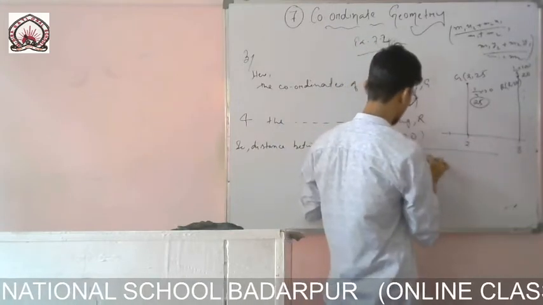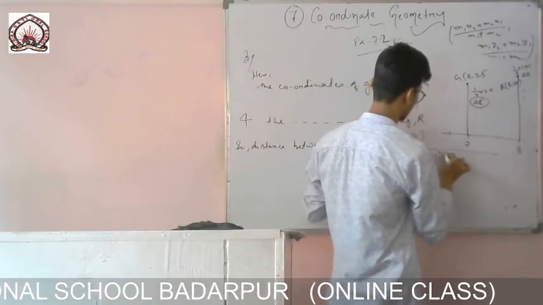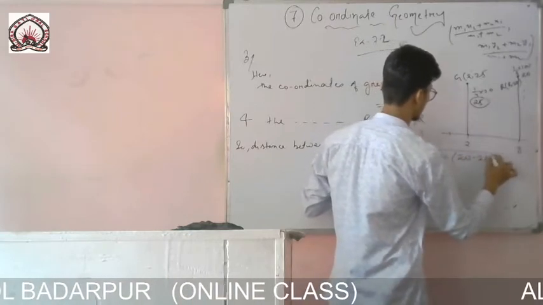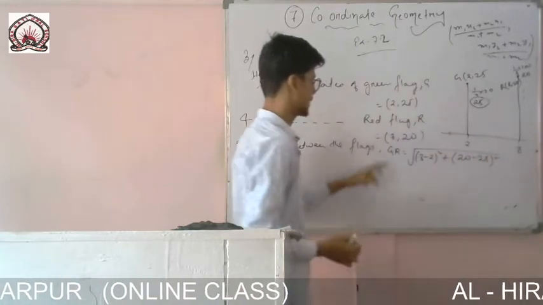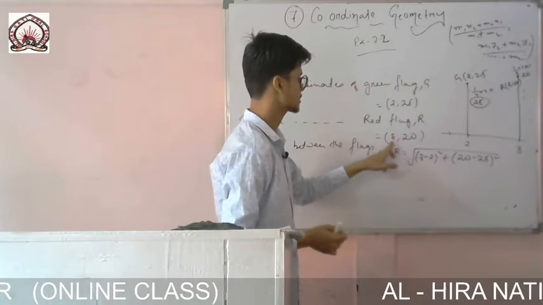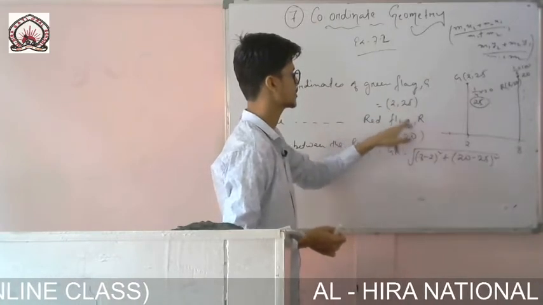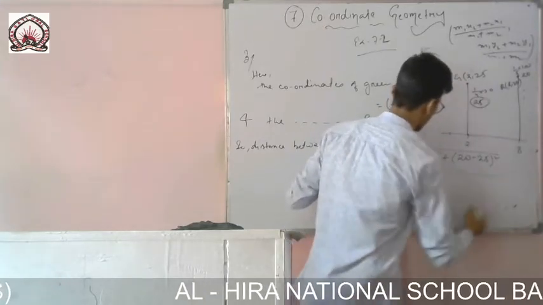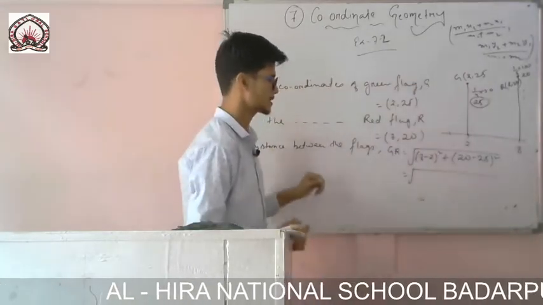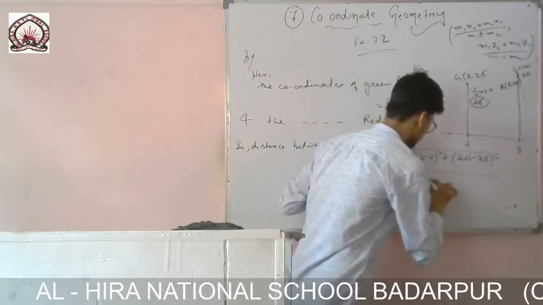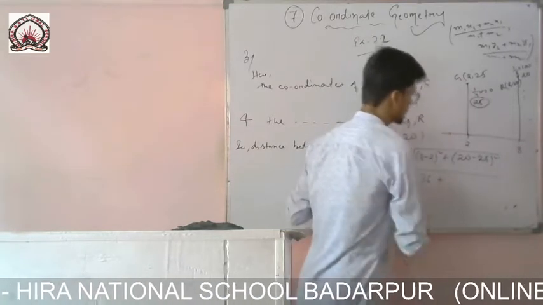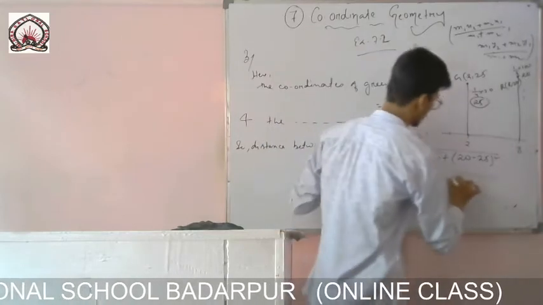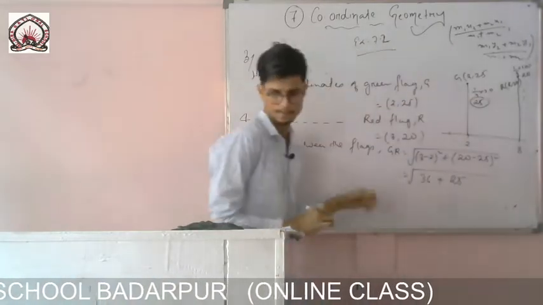So x2 minus x1, 8 minus 2 whole thing square, plus y2 minus y1, 20 minus 25 whole thing square. That means 8 minus 2 is 6 square, it is 36, plus 20 minus 25 that is minus 5, so minus 5 square it is 25.